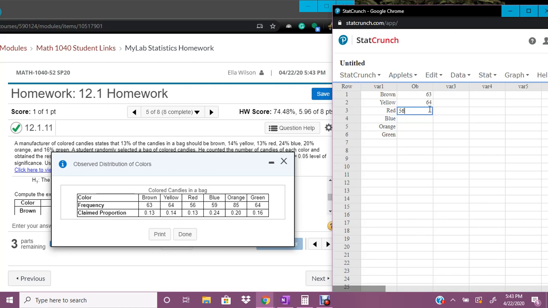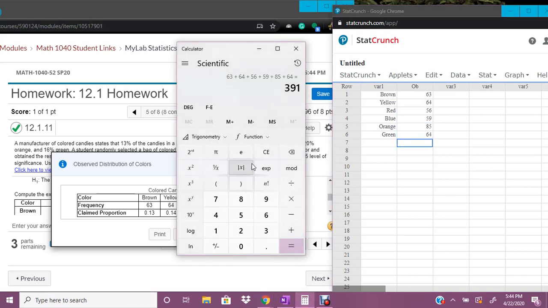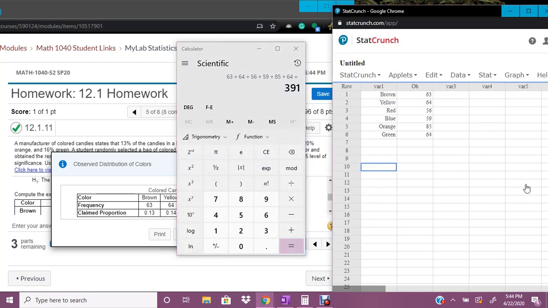That needs to be 56. Then I'm going to put the total off to the side, not in any of these columns, just for my notes. We're not going to use that. If you want to write it down on a piece of paper, you can do that as well.